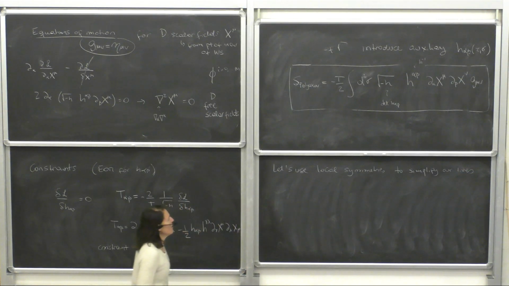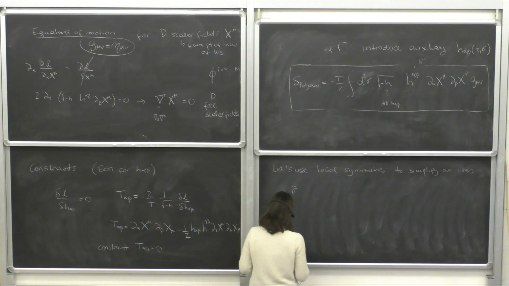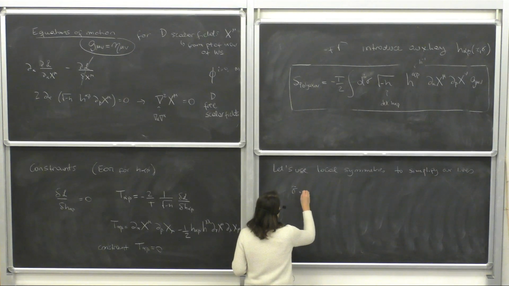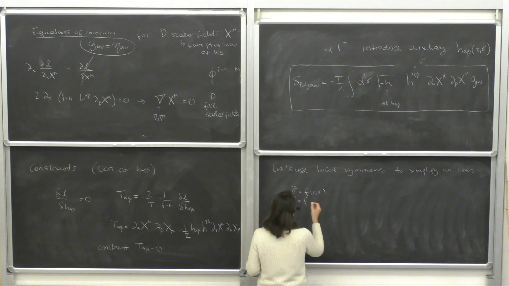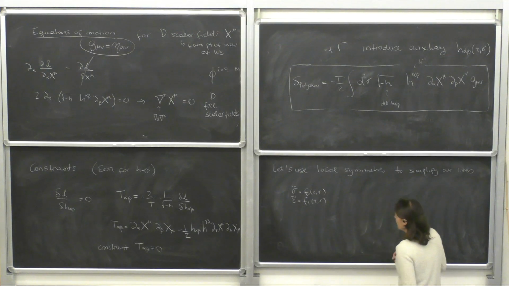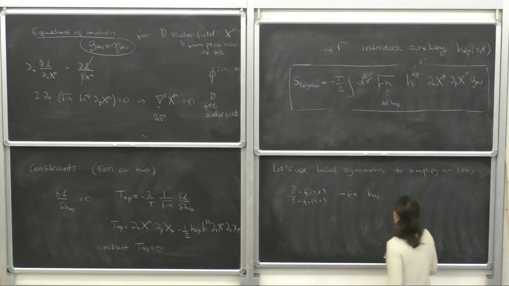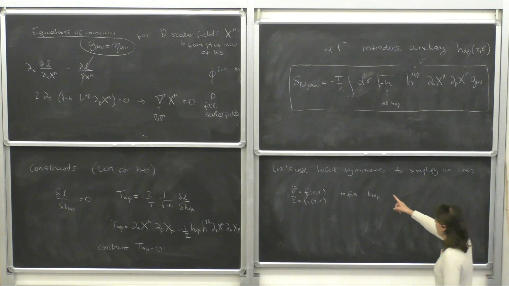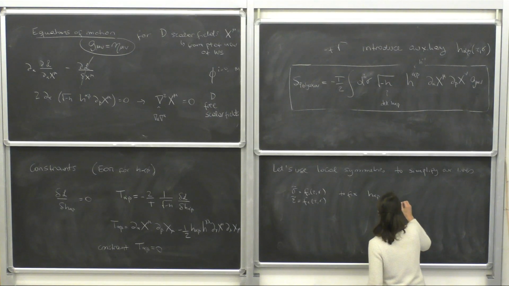There are reparametrization symmetries, I have 2 of them. I can do a sigma tilde, which is a function of tau and sigma, and a tau tilde, which is another function of tau and sigma. H alpha beta is a symmetric 2 by 2 matrix, and I can fix it.